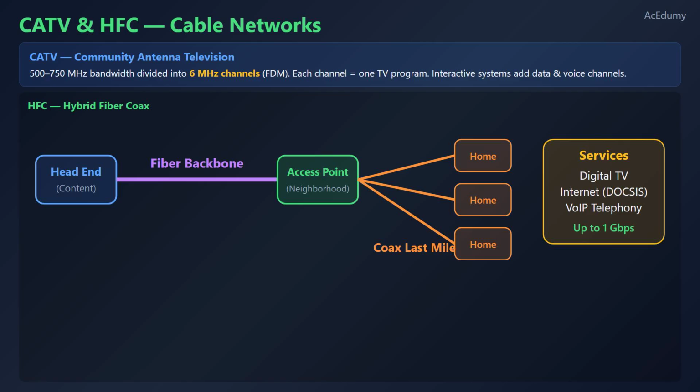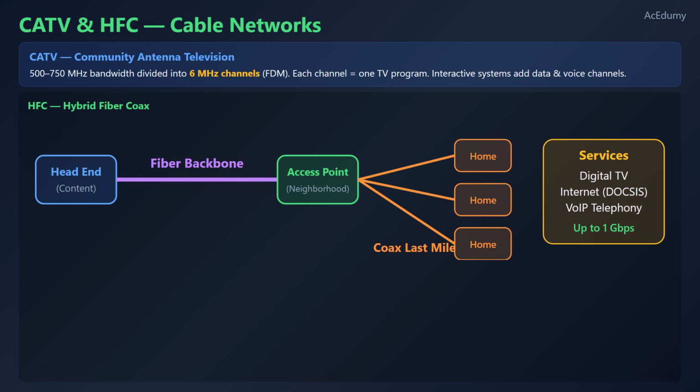One of the most important applications of coaxial cable is CATV, which stands for Community Antenna Television, or simply cable TV. CATV systems traditionally use coax to deliver signals at frequencies as high as 500 to 750 MHz over considerable distances.